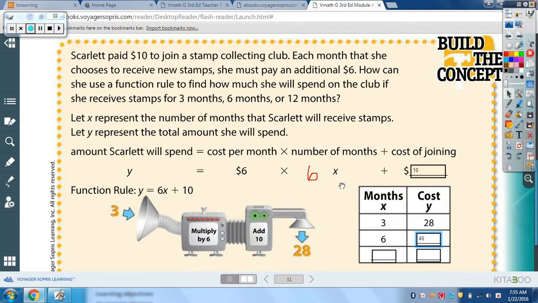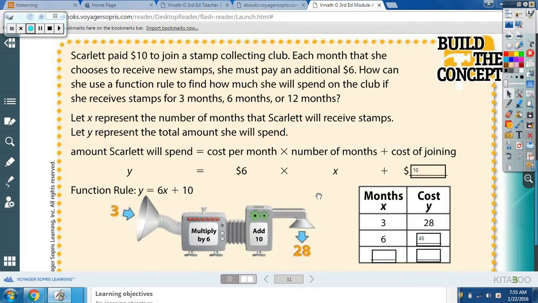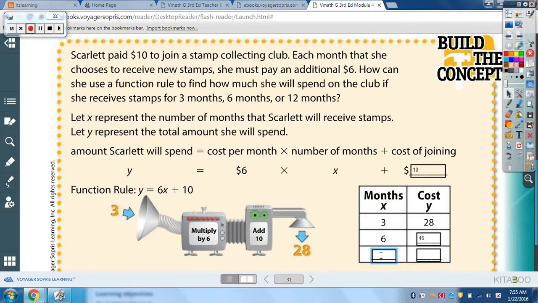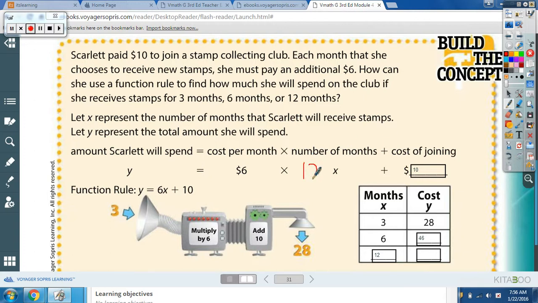$46. Okay. And finally, how many months is she going to do at the end? She's going to do it for 12 months. So we'll put 12 becomes our X. We'll insert that 12 into our equation here. And we have 6 times 12, which is what? 72, plus the $10 to join, which will be 82.